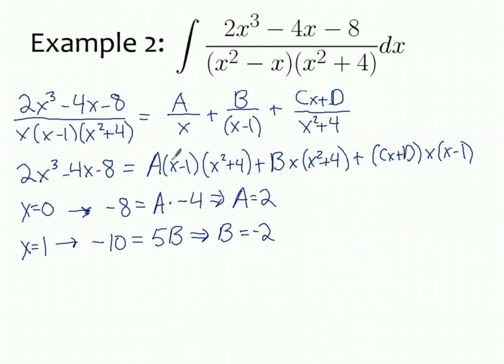What I mean by that is we know that a and b are 2 and negative 2 respectively, and we know that the coefficient of x cubed has to be 2. So let's look at the first two terms and see what has to be the case for c.